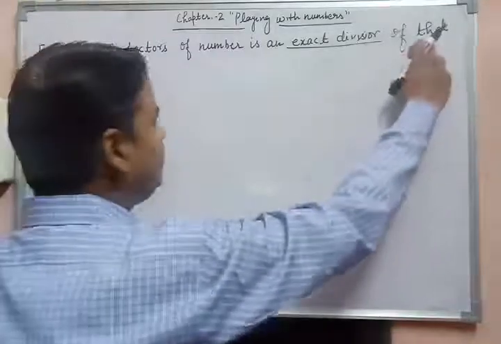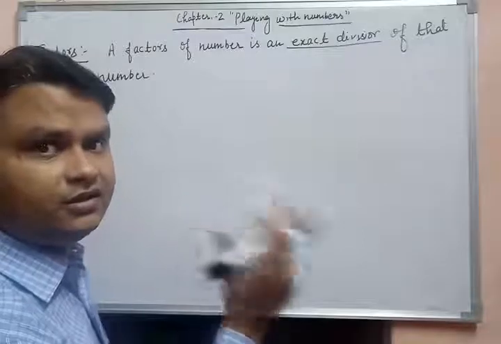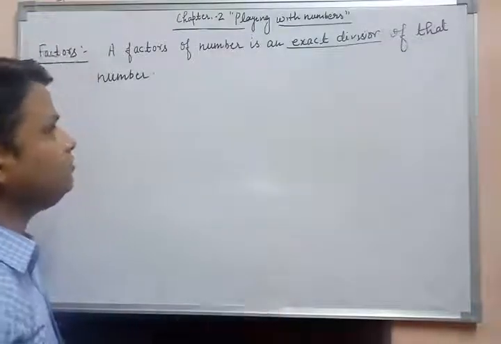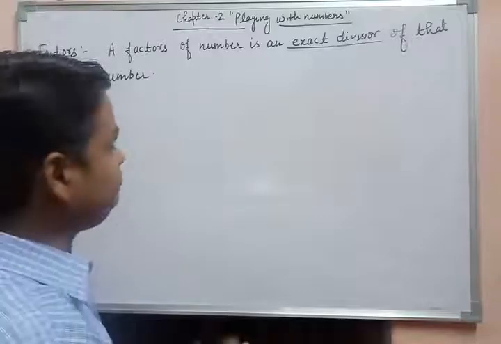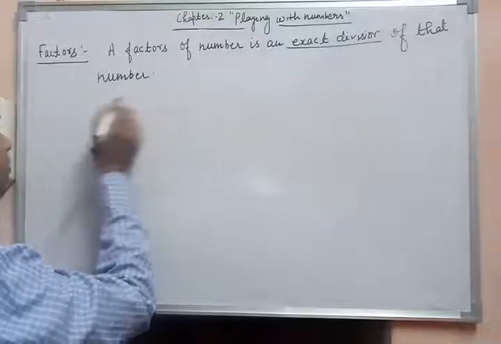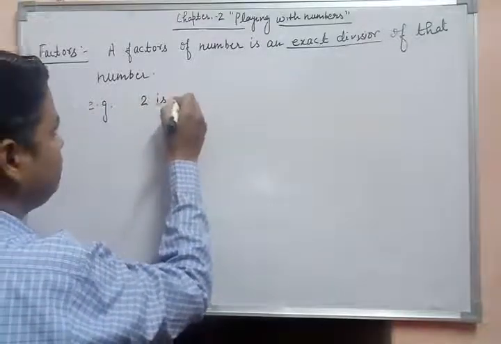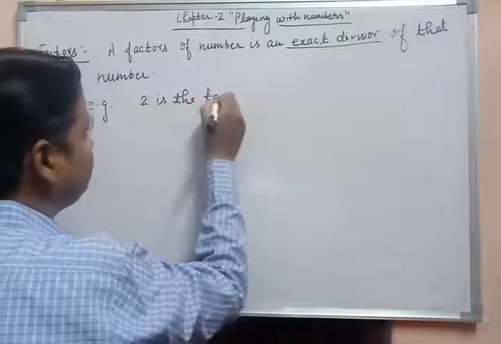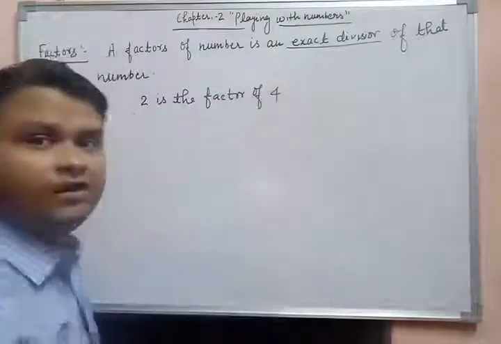That number is the number which is to be divided. So let's understand this definition with an example. For example, 2 is a factor of 4. Why?